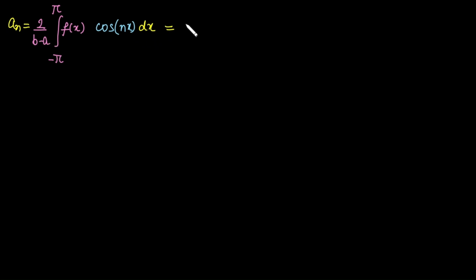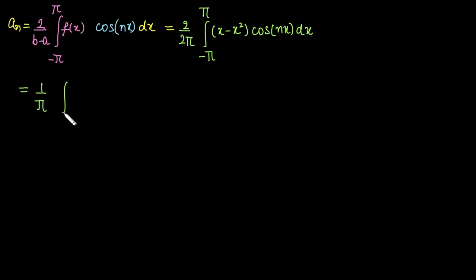So we can write this as 2 upon 2 pi integration from minus pi to pi, and the function in this case is x minus x square, cos of n x dx. This is equal to 1 upon pi integration from minus pi to pi of x minus x square cos of n x. How to take the integration in this case?